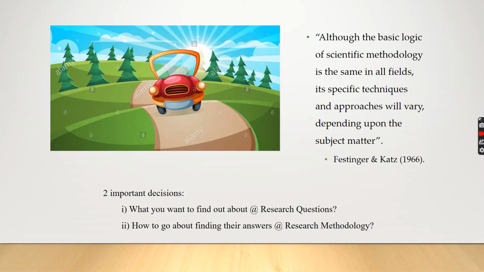Sometimes you are required to choose from a multiplicity of methods, procedures, and models of research. Basically, the purpose is for you to achieve your research objective. So how do you want to achieve your research objective?